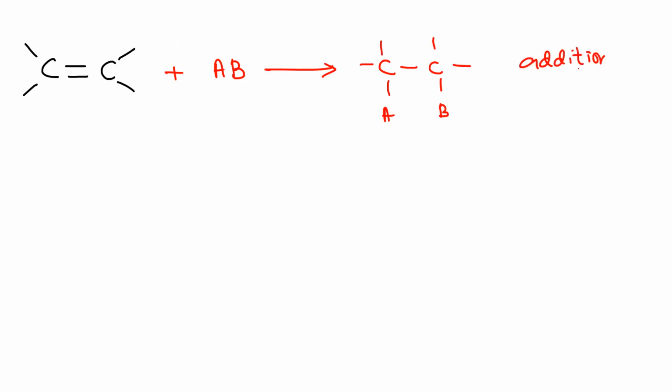So now what do addition reactions do? They are going to add something. So let's write AB. These are two substances which can be added to it. So what do we have on the product side? A and B being added, to the two carbons. So what they've done is addition. Do you get it?